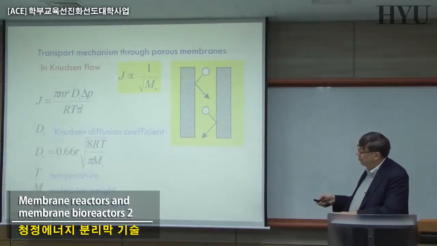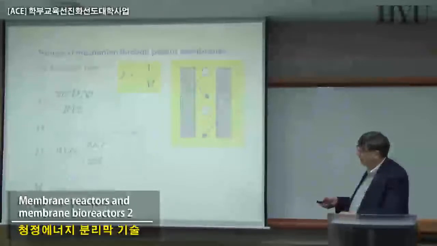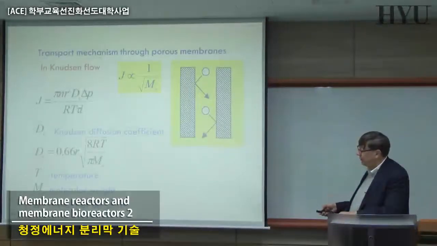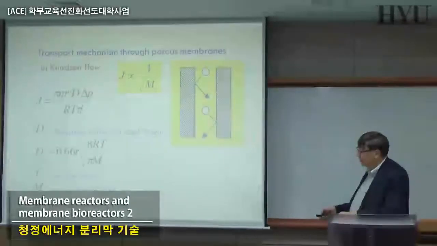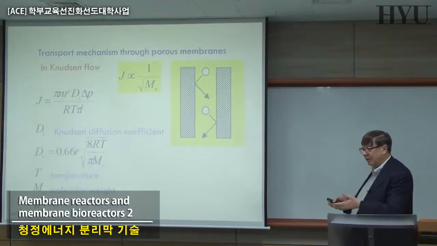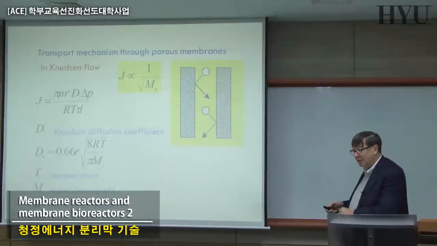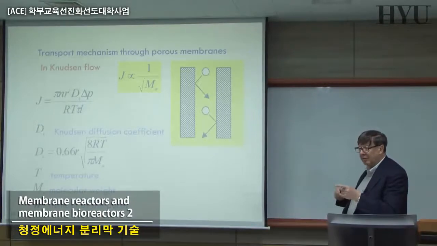So the Knudsen diffusion coefficient is given by this kind of expression, where we have the absolute temperature, the molecular weight of the species, and the number of pores. Molecular weight means that depending on the molecular weight of the chemicals, the smaller molecules will go faster, and the bigger molecules will go slower, and so we can separate them.